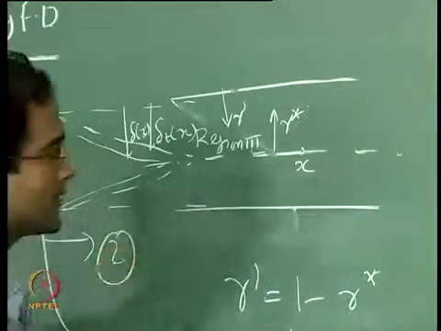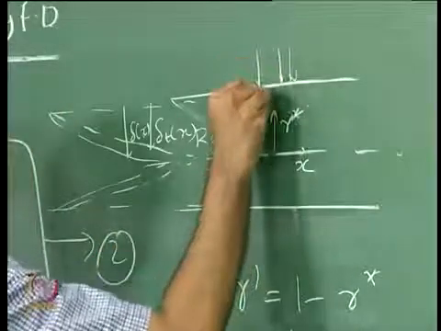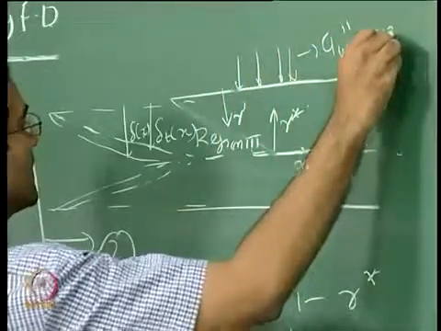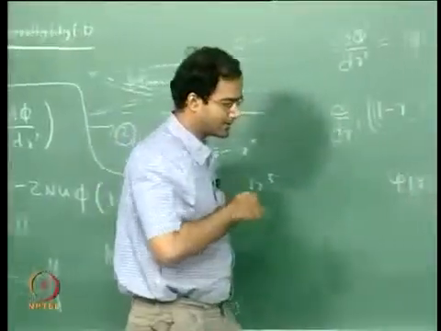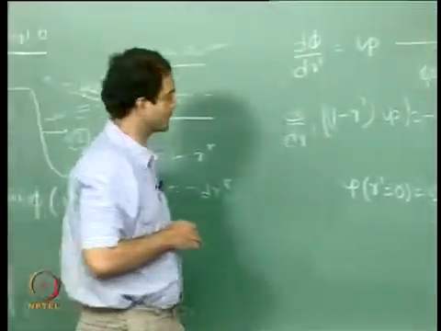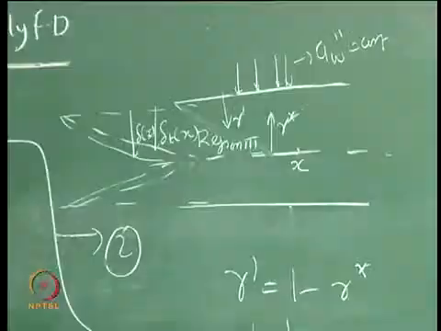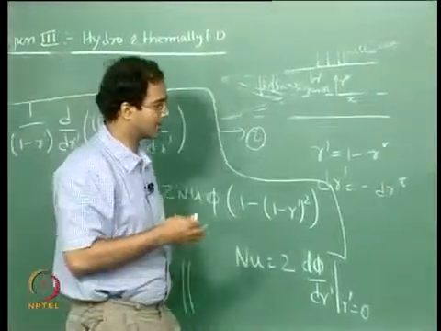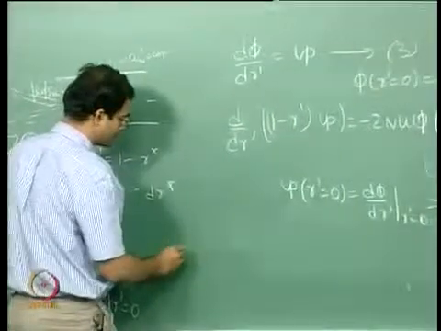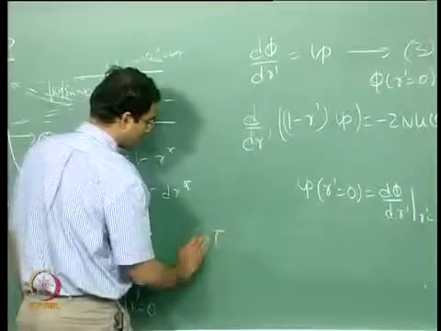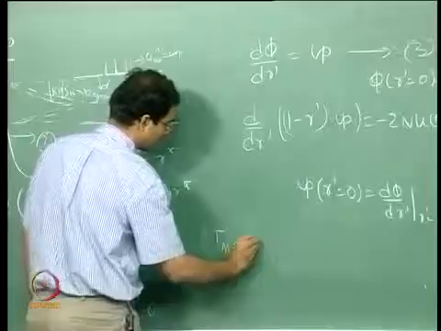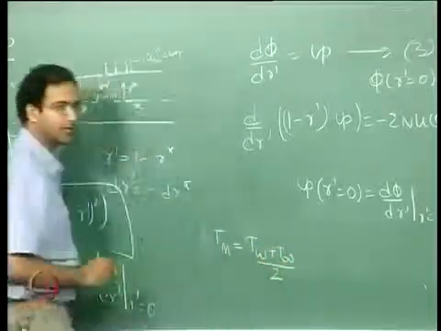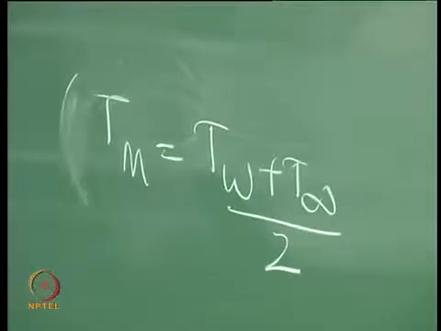So what could possibly happen if you apply a constant wall flux is that the wall temperature keeps rising gradually, and due to that, if you look at the property calculations in the case of external flows, all the properties that we calculated were based on T mean, which was T wall plus T infinity by 2. It is a linear average between the wall temperature and the free stream temperature.